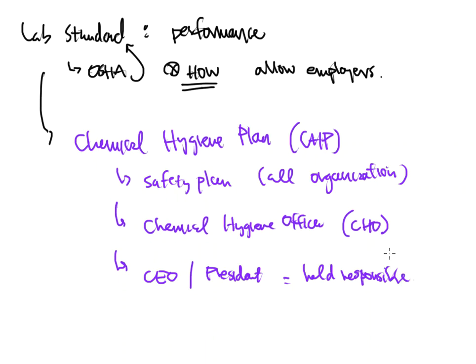So, for instance, if I have a chemistry laboratory, that chemistry lab is probably part of a larger science department. The science department should have a chemical hygiene plan in place. If they do not have a chemical hygiene plan, then the department chair or whoever is over that science department, like a dean, or maybe it goes all the way up to a vice president or the president of the school, depending on how serious this is, would be held ultimately responsible for this document.